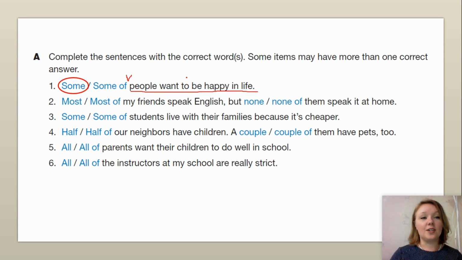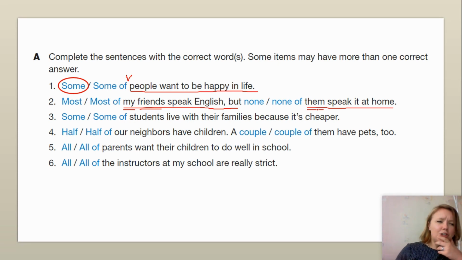Let's go ahead and look at number two. Blank, my friends speak English, but blank them speak it at home. All right, so here we see a determiner, my friends, and a pronoun them.